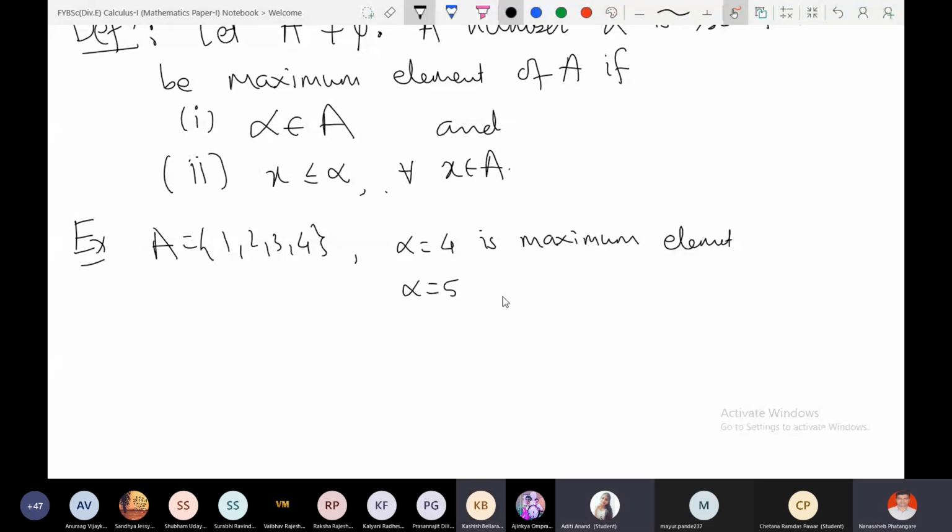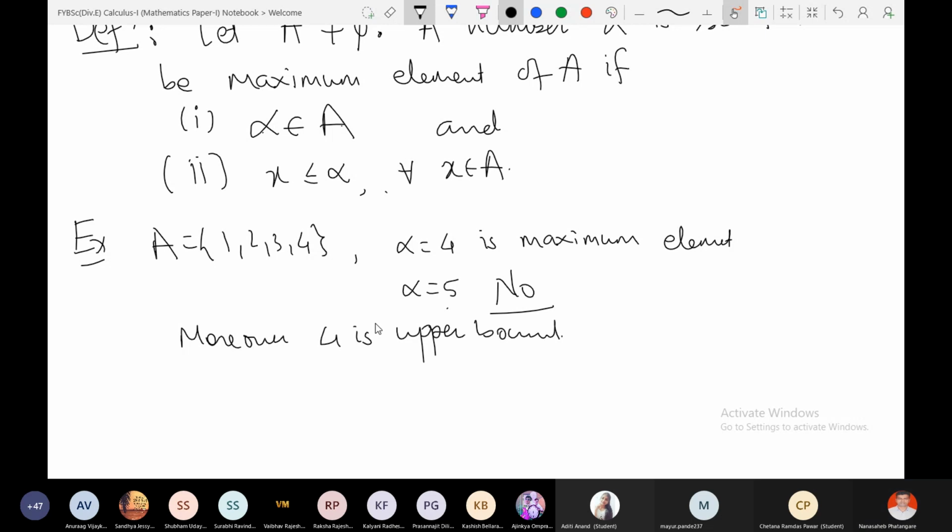No, right? Because even though every member of the set is less than or equal to 5, what is the condition? The maximum element should be a member of the set. So 5 is not a member of the set, right? Moreover, 4 is an upper bound. Right, 4 is the maximum element as well as an upper bound.